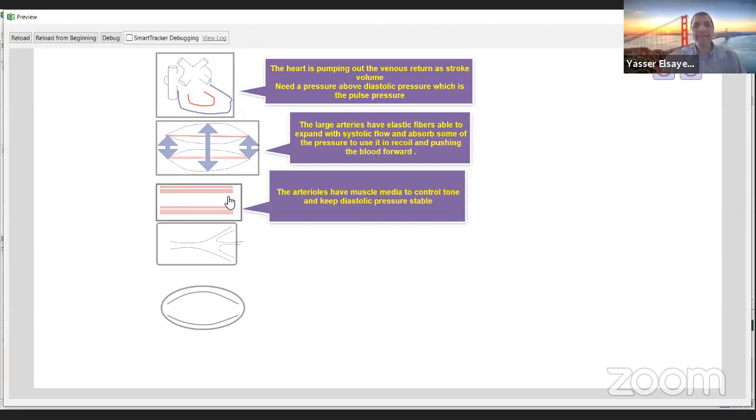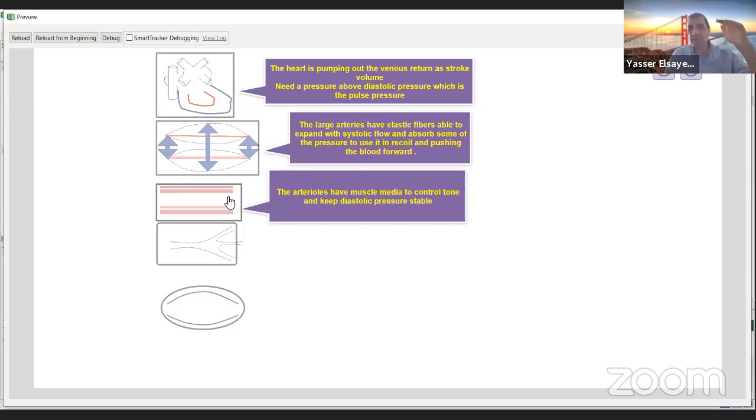Systolic blood pressure reflects the pump action of the heart. So the systolic blood pressure as a number reflects how powerful the heart is in creating a pulse pressure, and also how much blood is in the heart, which is the stroke volume. So the systolic blood pressure reflects stroke volume.